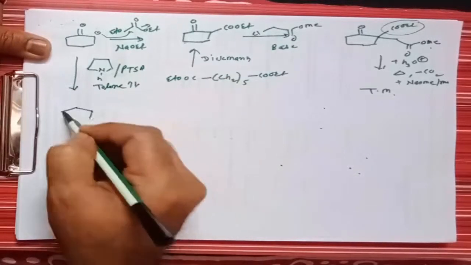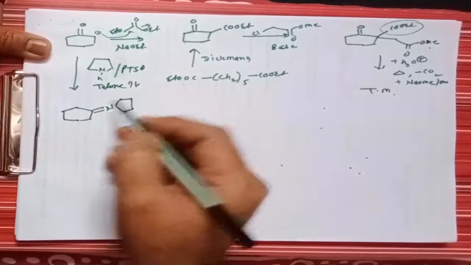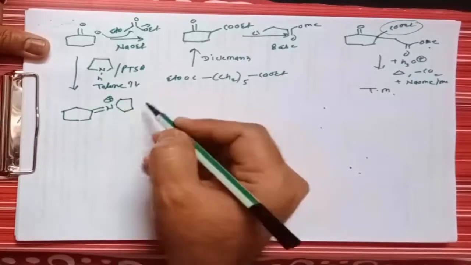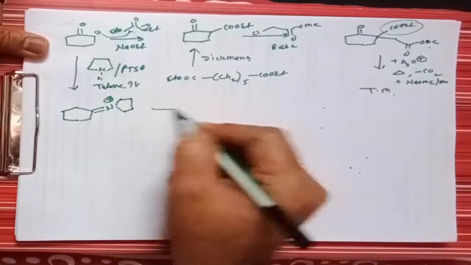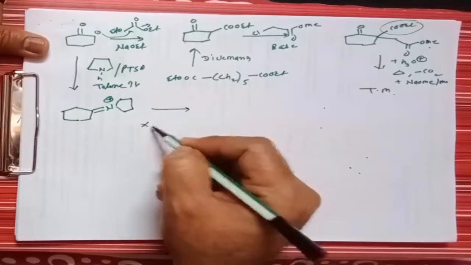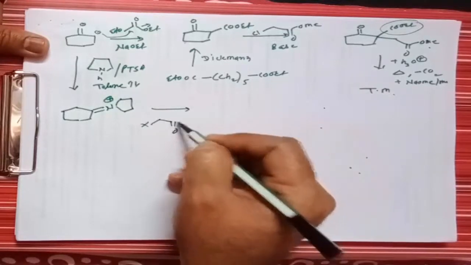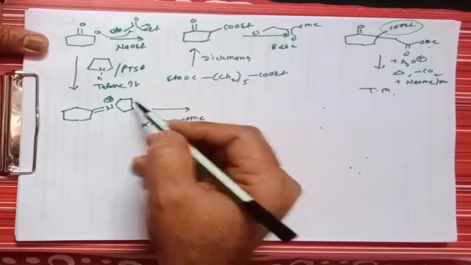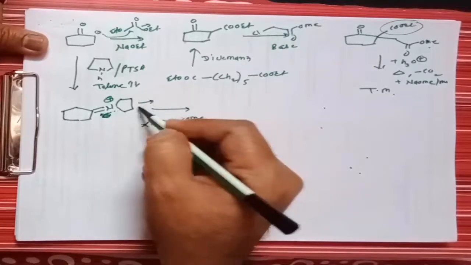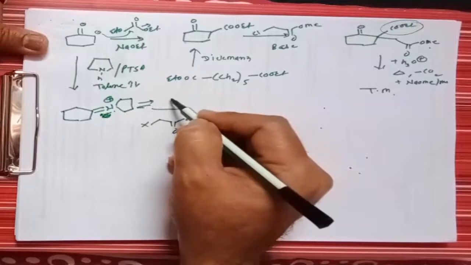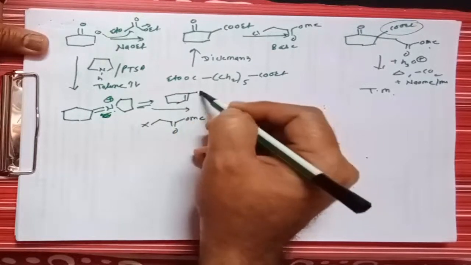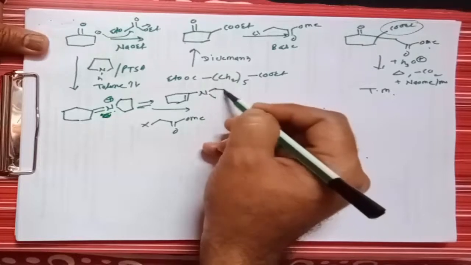It gives an enamine, this type of enamine which contains a positive charge, and then we have to treat this molecule with the alpha-halocarbonyl compound, OMe. Then the enamine exists in a reversible reaction with cyclohexanone, and it gives the enamine with a double bond here.